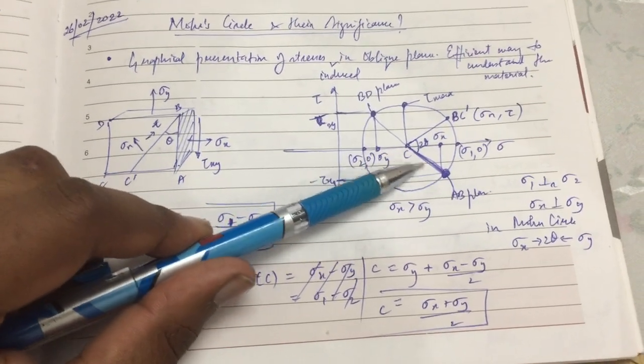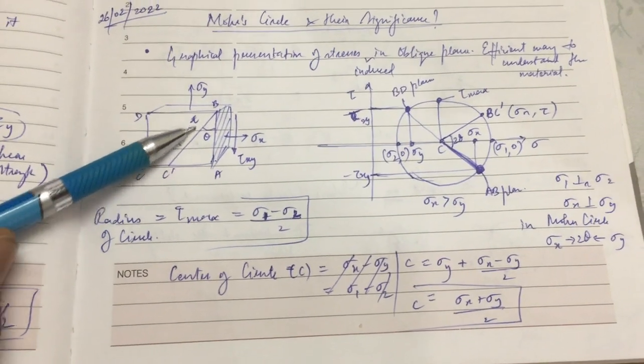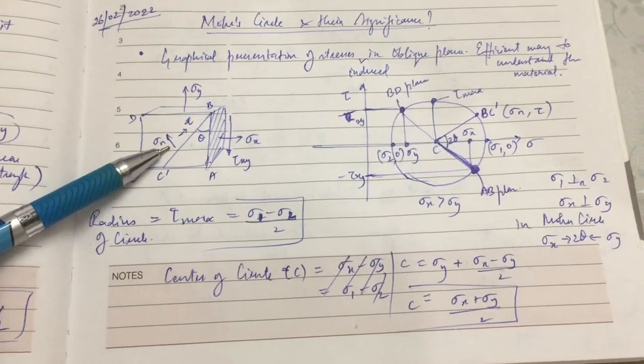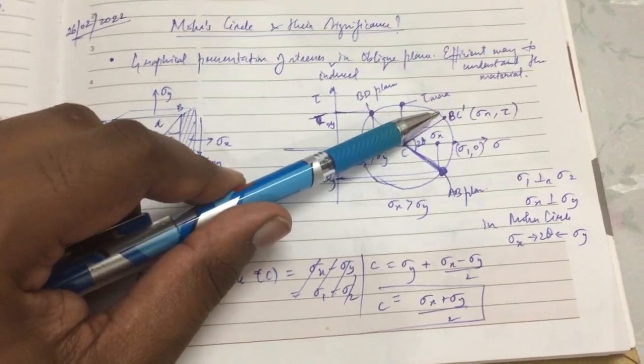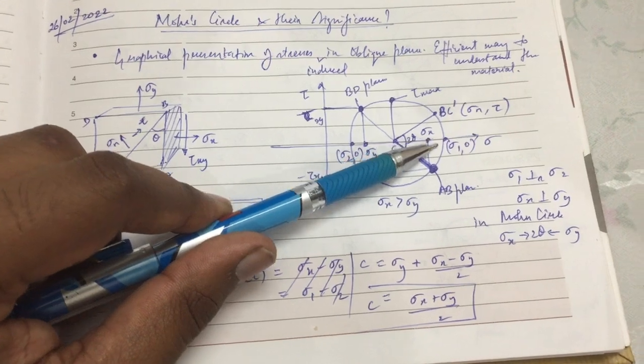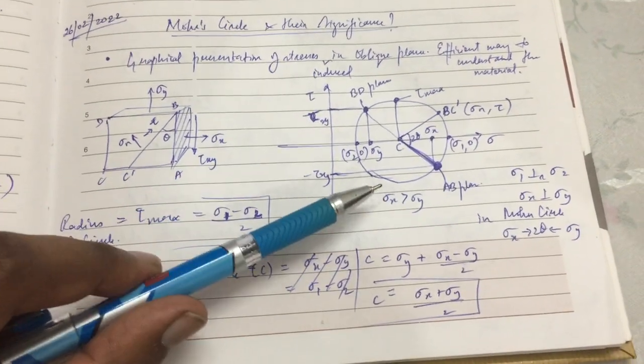So for the AB plane, if we want to see the normal stress and shear stress, we make a 2 delta t angle and plot the point here. Then we get the normal stress along this axis and the shear stress along this one.